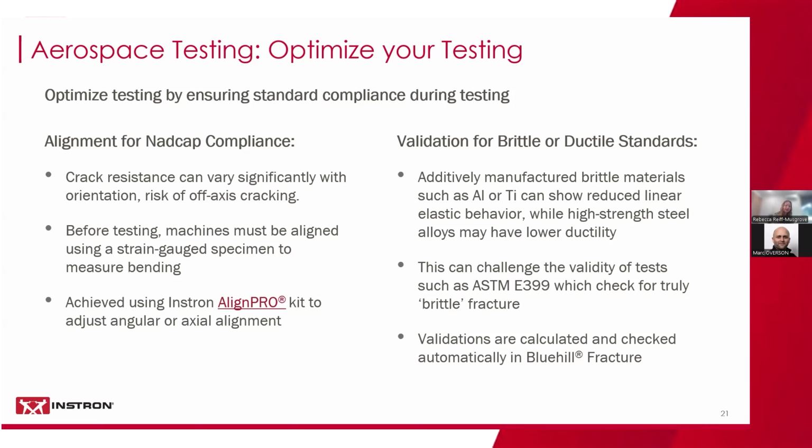So as soon as we do a test, it tells you whether or not we hit those criteria. Was that test indeed brittle enough? Or whether we're out of validation. So making sure that once you've done the test, it is in fact compliant and that the additive manufacturing process hasn't made the material non-compliant for the test.